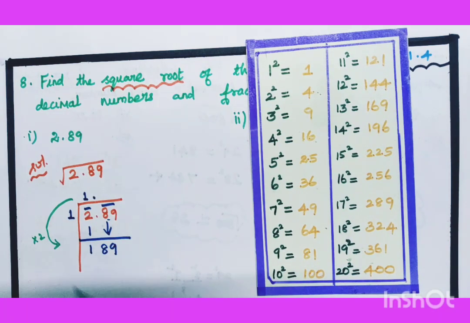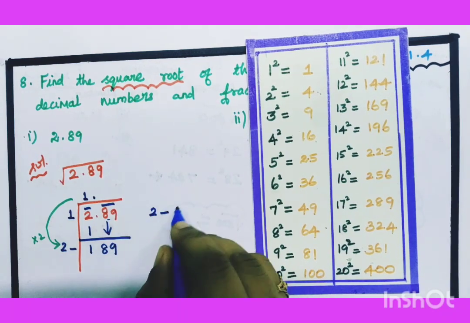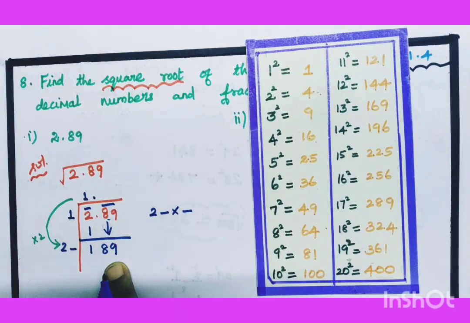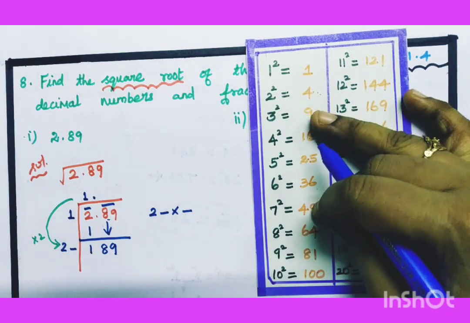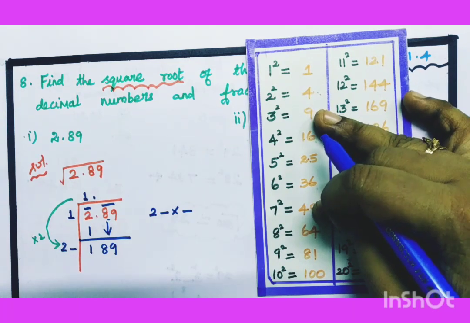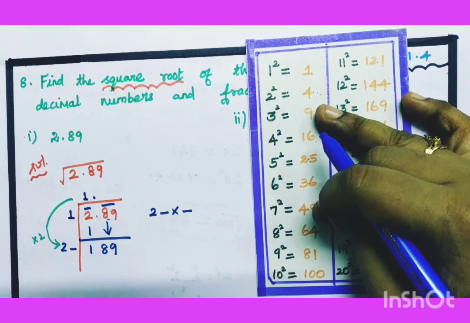So what will I get? 1 into 2 is 2. Then 2 dash into dash, and 9. Where will 9 be? 7 or 3 will come; this is a shortcut way. I want to use 3 or 7.